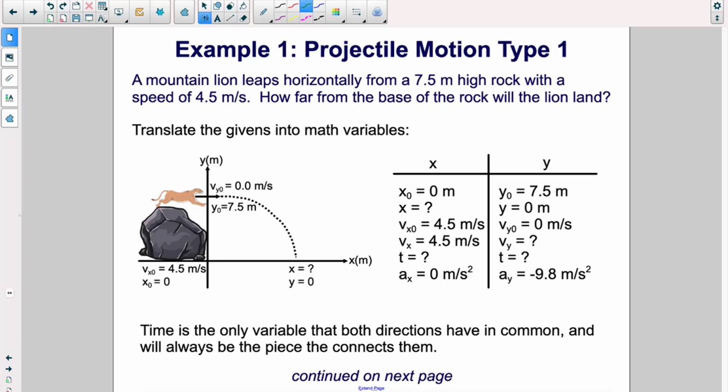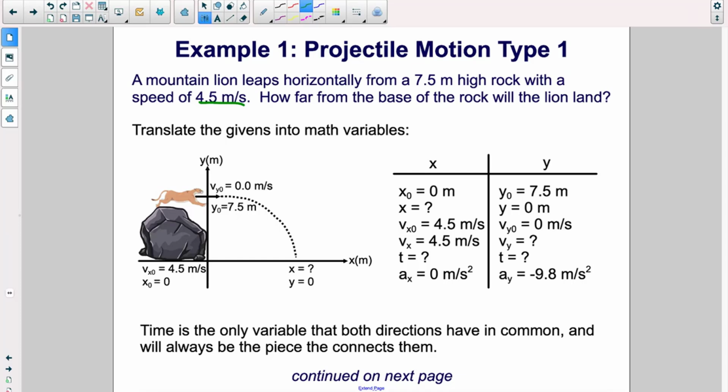And look, if we go through them, we're saying our initial position was 0. We want to find out how far we go. So that's a question mark. We're trying to solve for that. We know our initial velocity in the x dimension is 4.5 meters per second. That's one of our numbers up here. We also know there's no acceleration in the x dimension. There's no forces pulling the lion left or right.